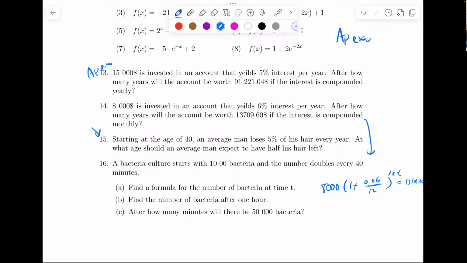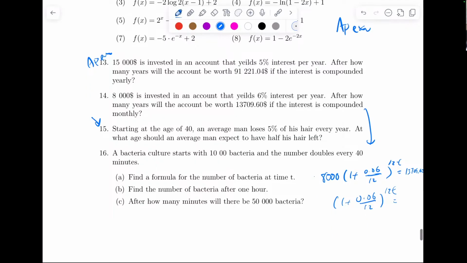13709.60. Now, technically, you can say 1 plus 0.06 over 12 to the 12t is equal to 13709.60 divided by 8,000 first.